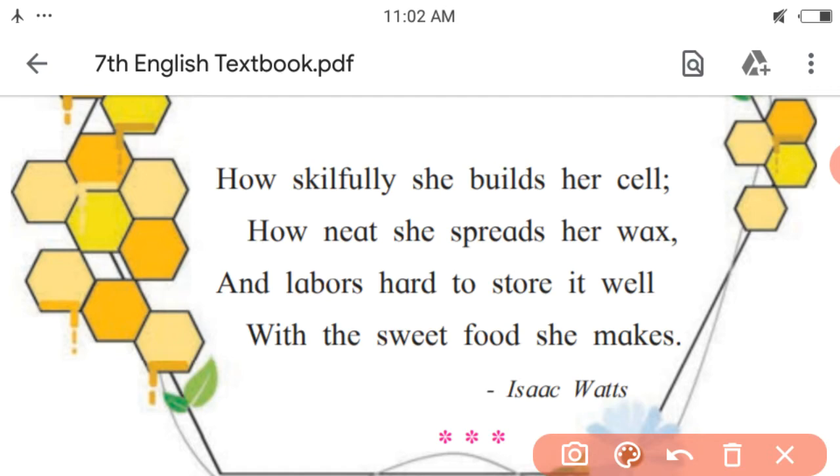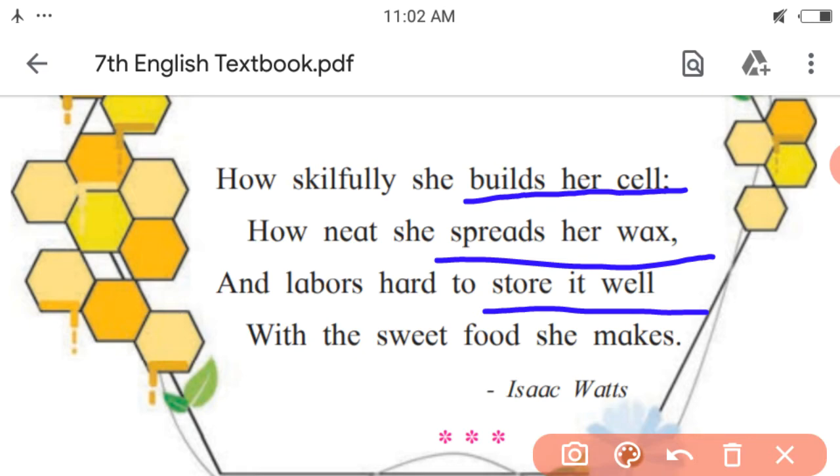Second stanza: how skillfully she builds her cell, how neat she spreads her wax and labors hard to store it well with the sweet food she makes. So it is the next work. Builds her cell. Next one, spreads her wax. Next one, store it well. These are some more works of honeybees.